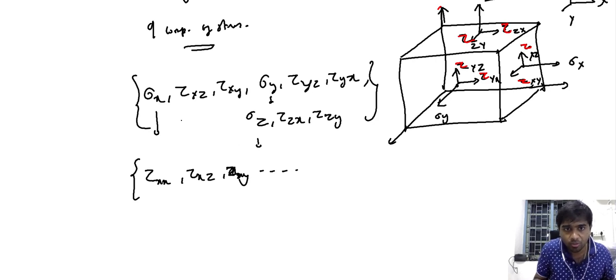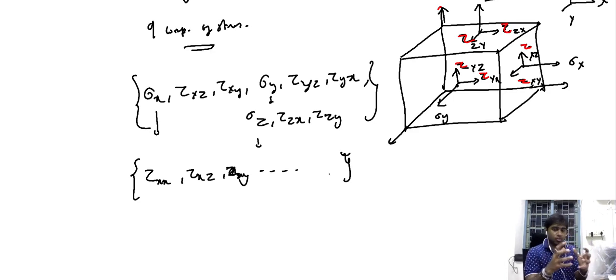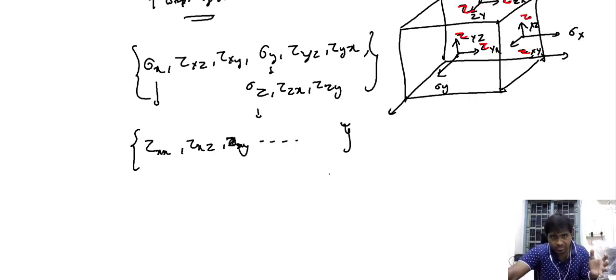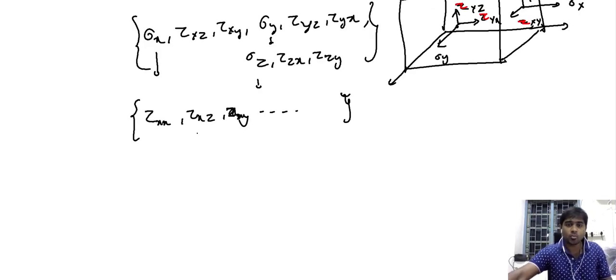So we can rewrite all these 9 components by replacing the sigma x with tau xx. When we replace the normal stresses with tau xx, because when we represent it in the form of a matrix, it will assume a diagonal limit, so to be consistent, we have translated it to tau xx.